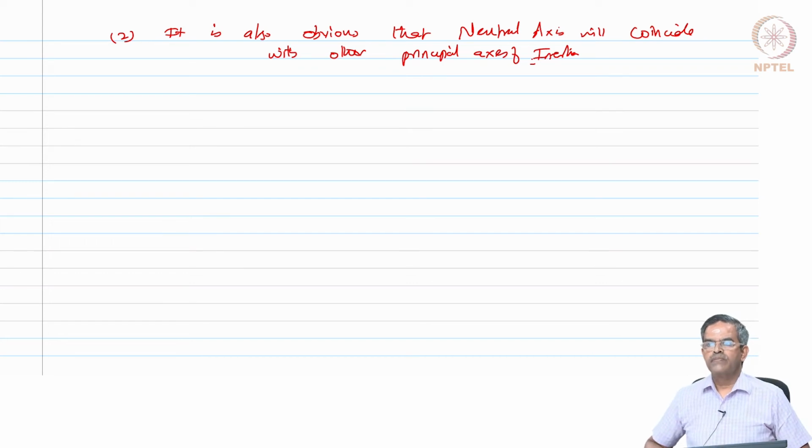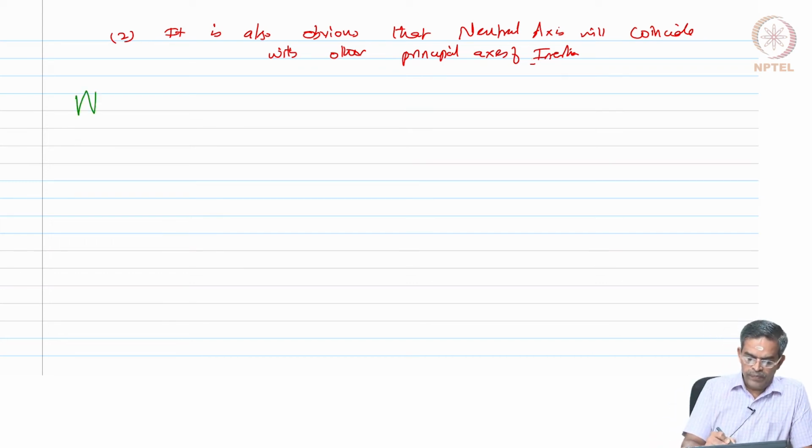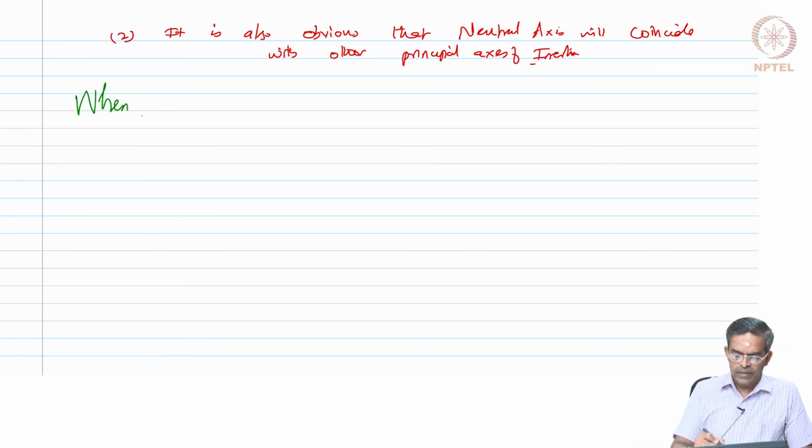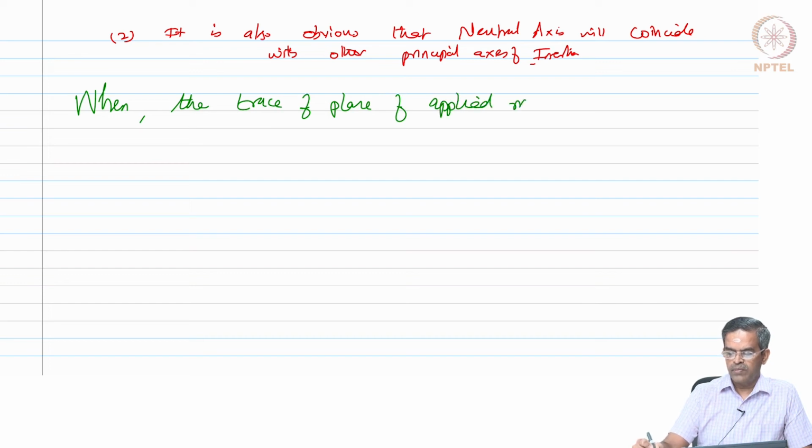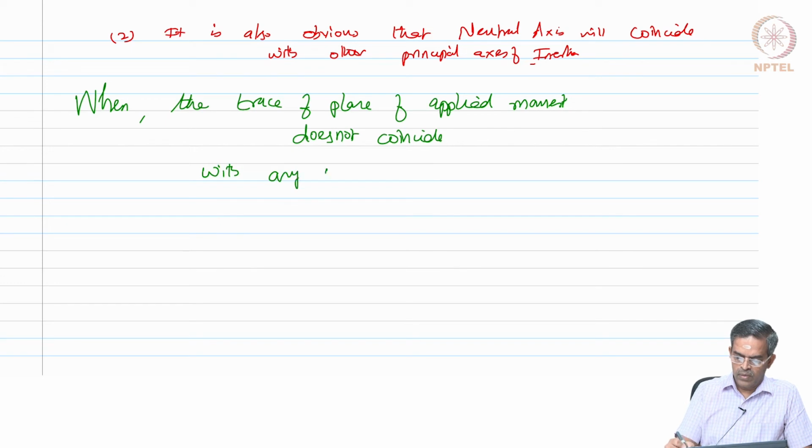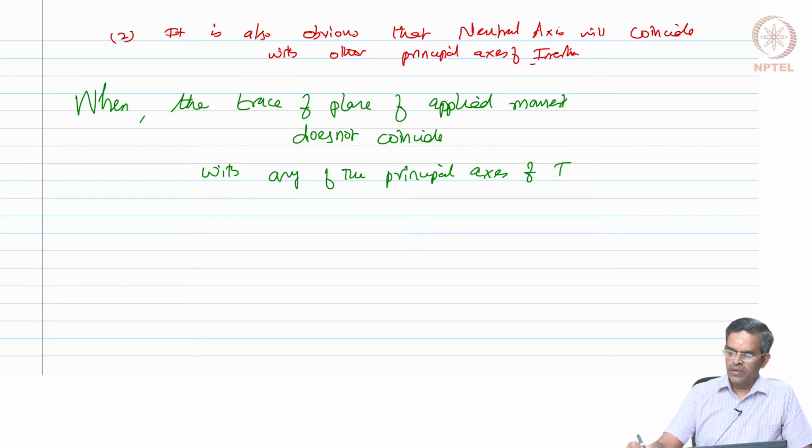So, therefore, friends, when the trace of the plane of applied moment does not coincide with any of the principal axes of inertia, then it is called unsymmetric bending.